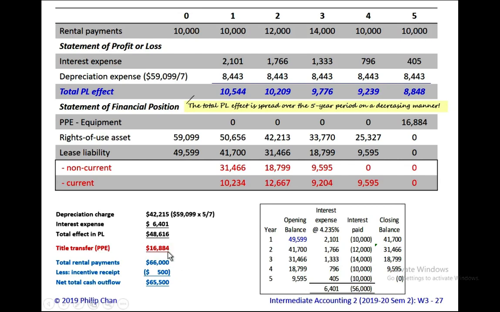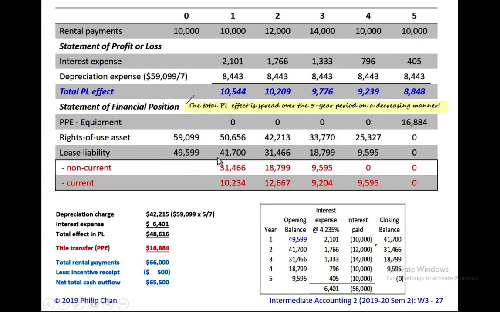I mean, the asset that you receive and the expenses that you recognize are both on the debit side, and the sum of that will be equal to the outflow. So this is just to show you that everything you report on the financial statements is reflected by your rental payment.